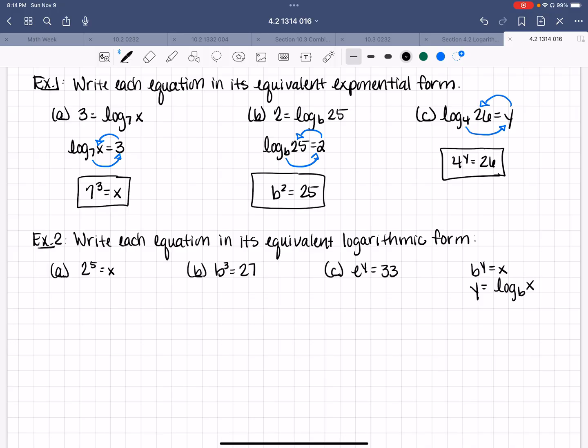So we're going to go from exponential form to logarithmic form. Pay attention to where the base is and where the exponent is. I know b here is 2, so that's my base, and I know that 5 is my y, my exponent. So this is going to be 5 equals log base 2 of x.